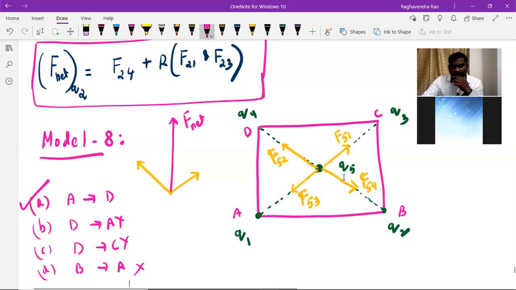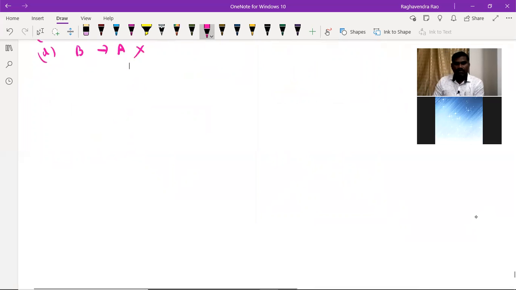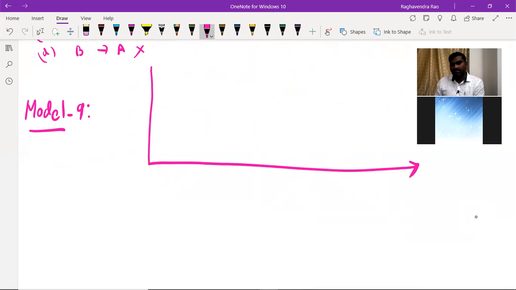This is the force between charges. Next, an infinite number of charges: Q1 charge, Q2 charge, Q3, Q4, and so on, placed like this.